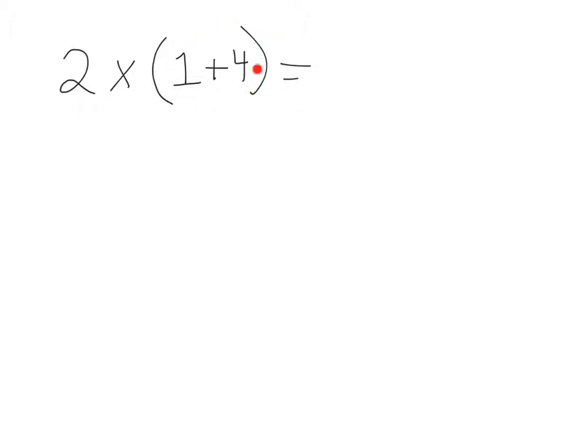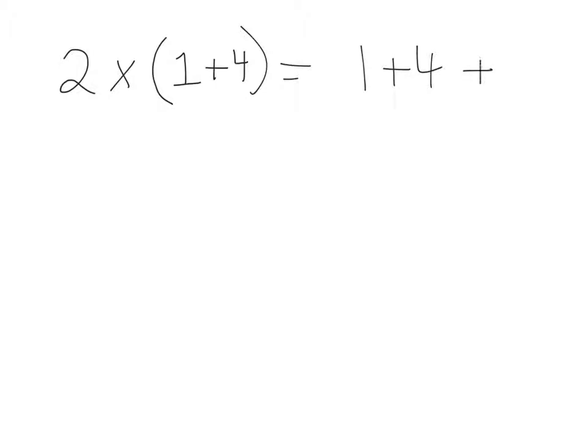So we'd have to do 1 plus 4 first and then times that by 2. Now, let's just think about this for a second. Inside this bracket, we have 1 plus 4. What this question is actually saying is that we have 2 of everything inside of this bracket. Okay, so we have 2 lots of 1 plus 4.